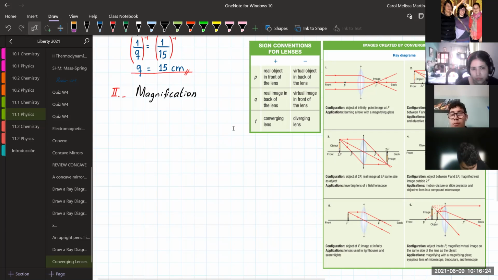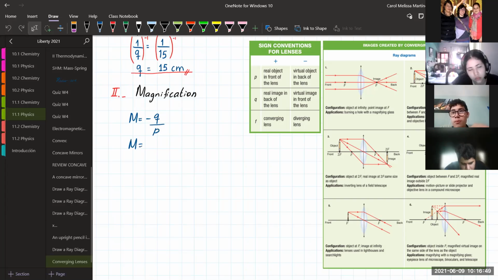Now, to find the magnification, I already gave you a formula for it, which is magnification equals negative Q divided by P. This is negative 15 divided by P, which is 30.